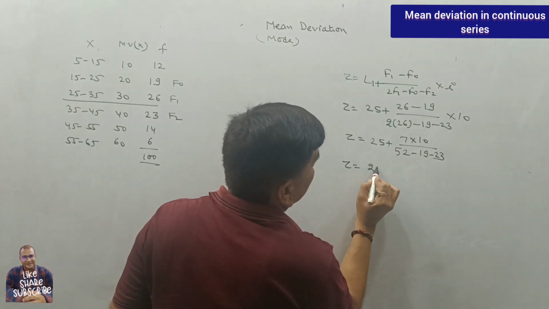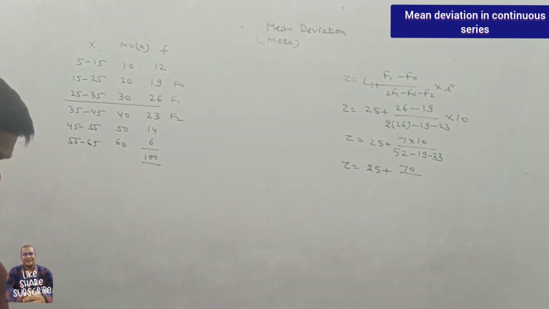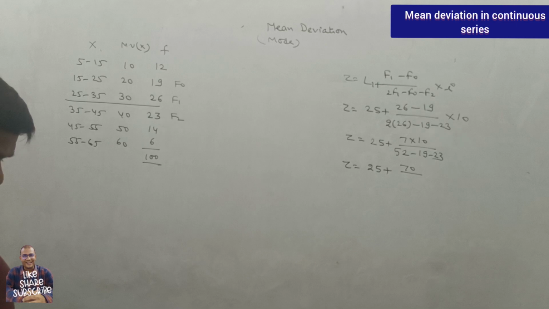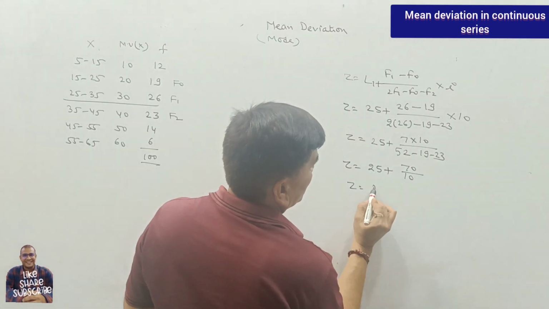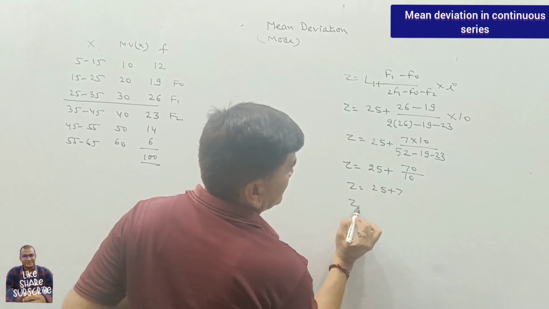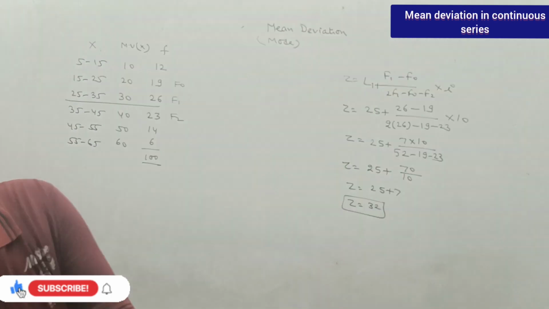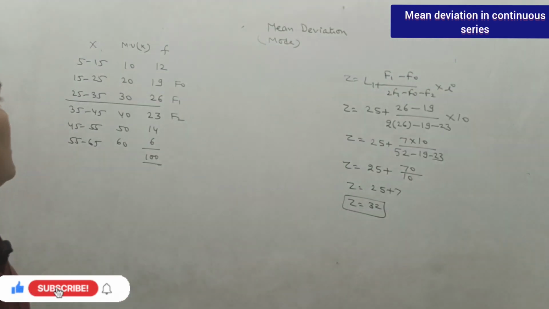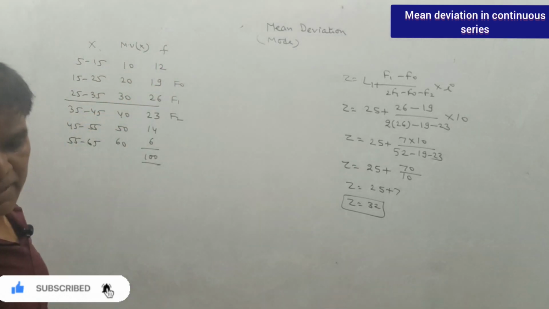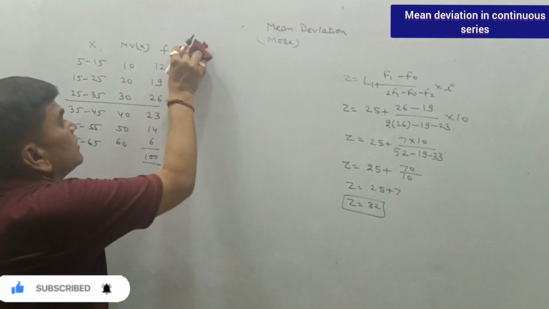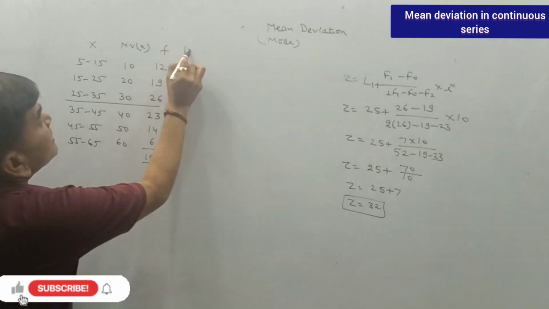So the value of z is equal to 25 plus 70 upon 10, that is 25 plus 7, z is equal to 32. We have calculated the value of z and it is 32. Then x minus z.